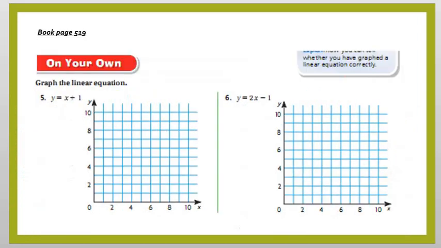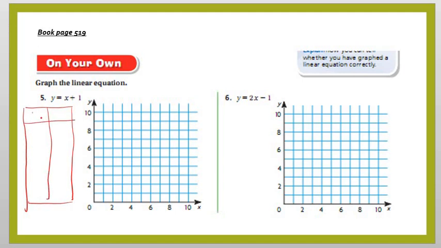Okay, now here, page also 519, it says graph. Graph the linear equation. So I need to make my own table. X and Y. So I can put X equals 0, okay?